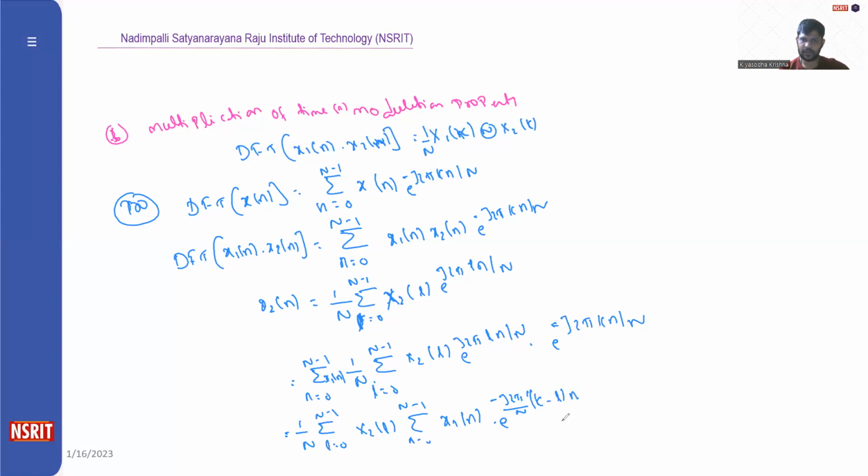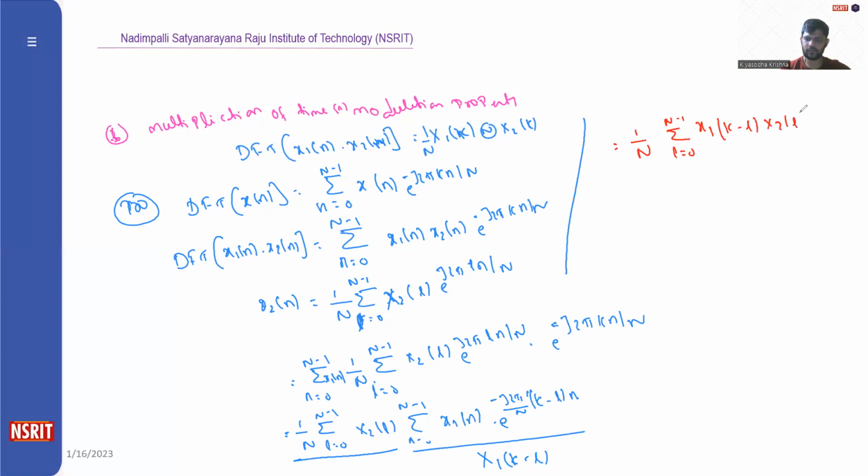So how can you write this expression? It is nothing but x1 of k minus L. That is nothing but 1 by n summation L equal to 0 to n minus 1 x1 of k minus L into x2 of L. So these are the proofs we have.